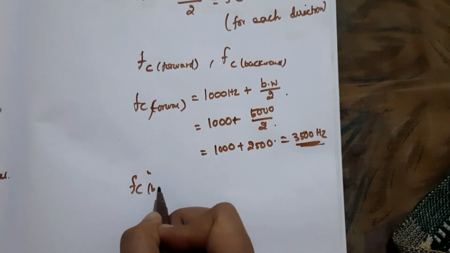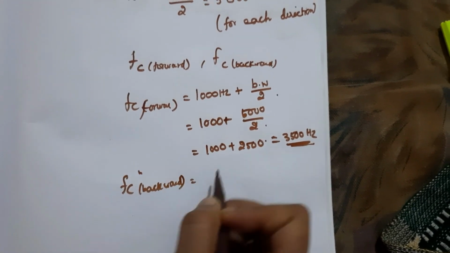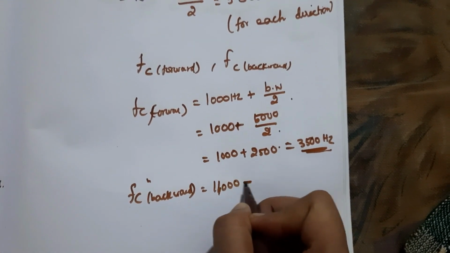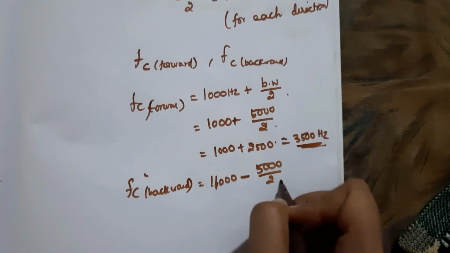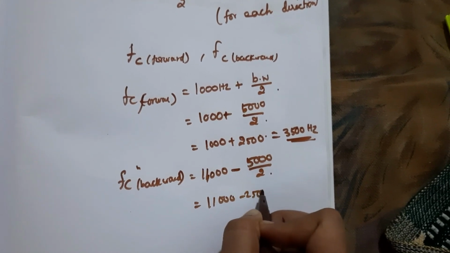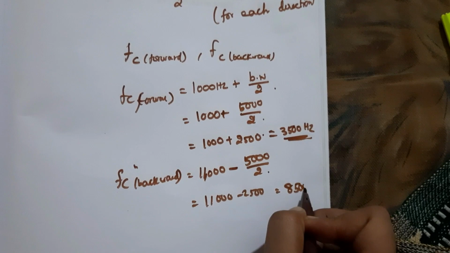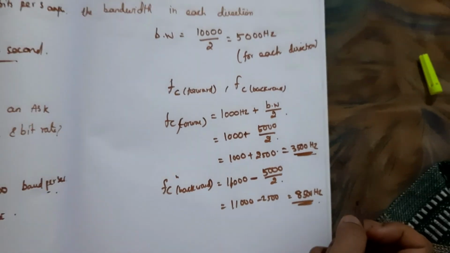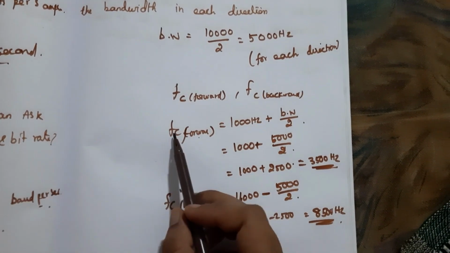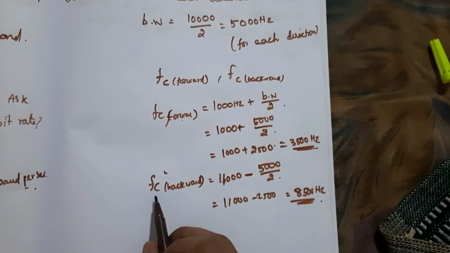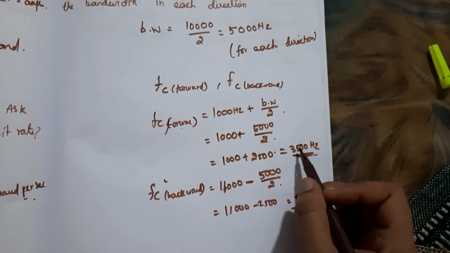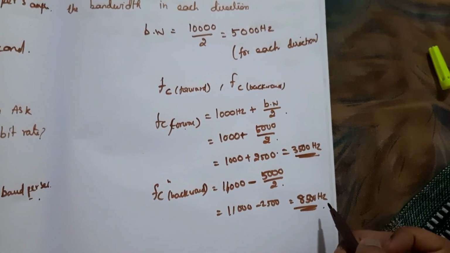Similarly for backward, we consider the upper limit, 11,000. So 11,000 minus 5000 divided by 2, so 11,000 minus 2500, and the answer is 8500 Hz. So the bandwidth in each direction is 5000 Hz, the forward carrier frequency is 3500 Hz and the backward carrier frequency is 8500 Hz. That means the center frequencies of the forward direction and the backward direction.